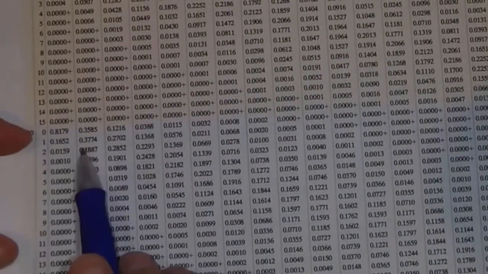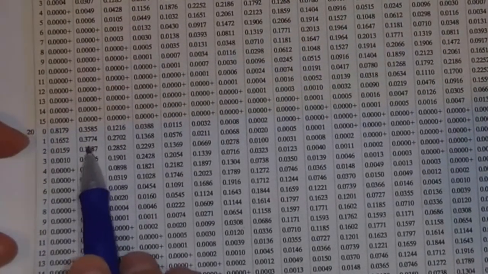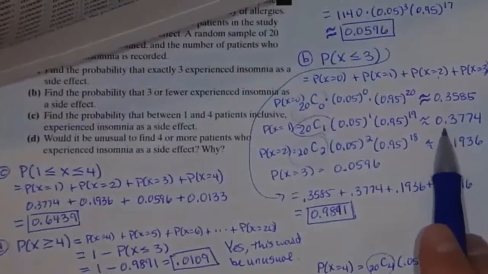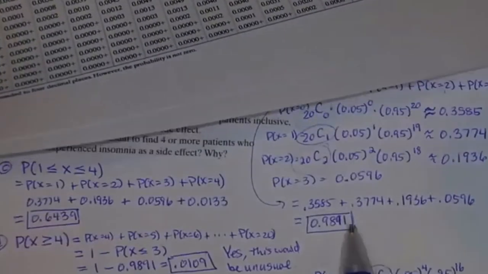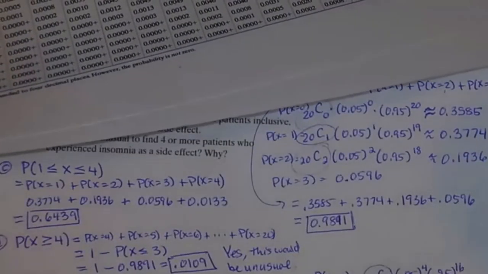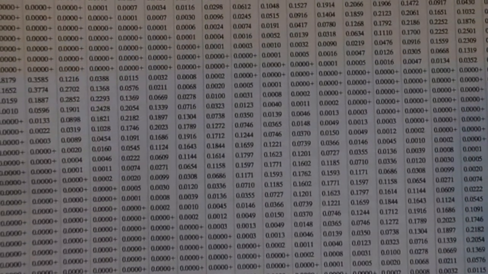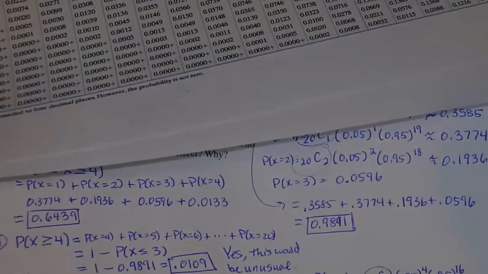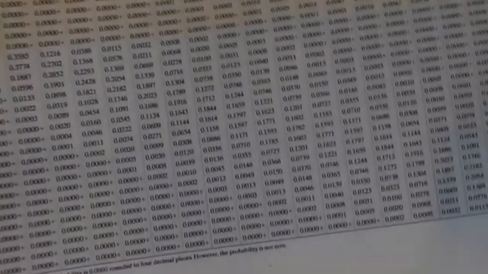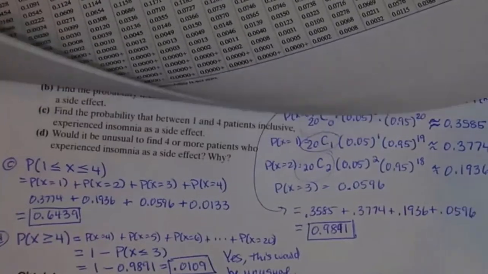The probability of 1 success is 0.3774, which we calculated right here. The probability of 2 successes is 0.1887, which we calculated, where did we calculate that? Well, I guess I goofed up on that one.